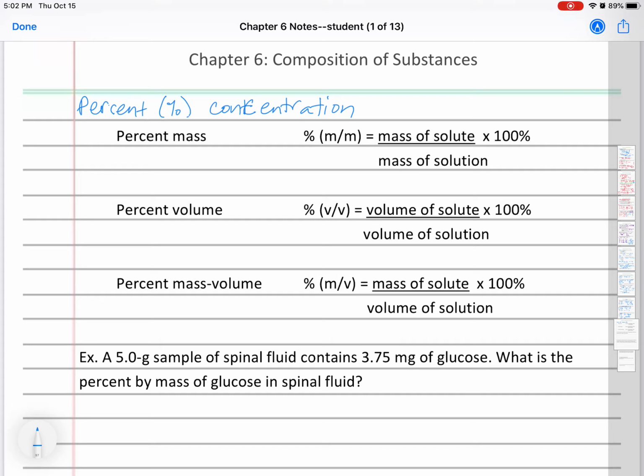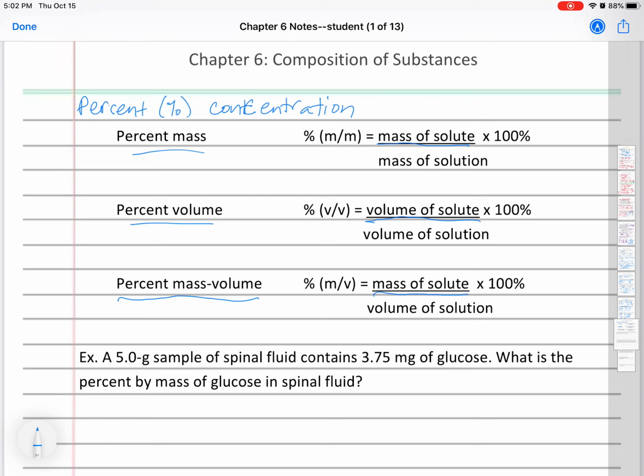Okay, so percent mass is when you have the mass of the solute divided by the mass of the solution. There's also percent by volume, where you are measuring the volume of the solute divided by the volume of the solution. Or you could calculate percent as a percent mass by volume, where you calculate the mass of the solute divided by the volume of the solution.